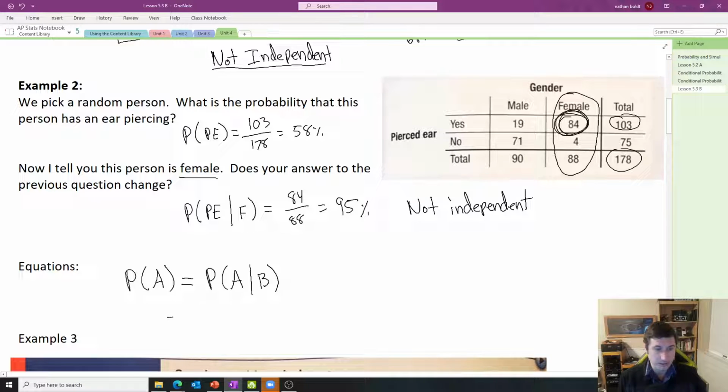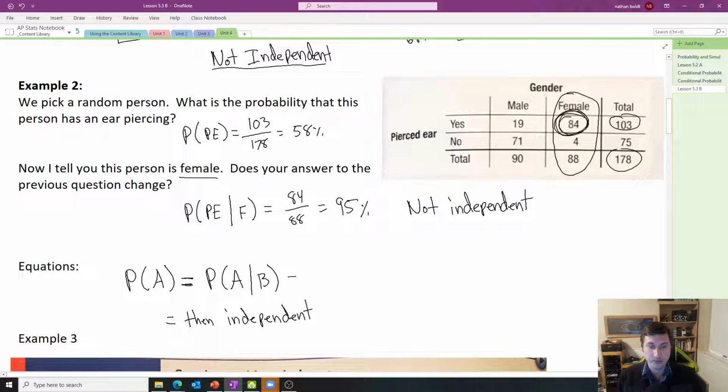And if they are equal, then they are independent, because nothing changed. All right. The given B didn't change the probability if they are equal. Now, the examples we had, they never were equal, and so they are not independent.